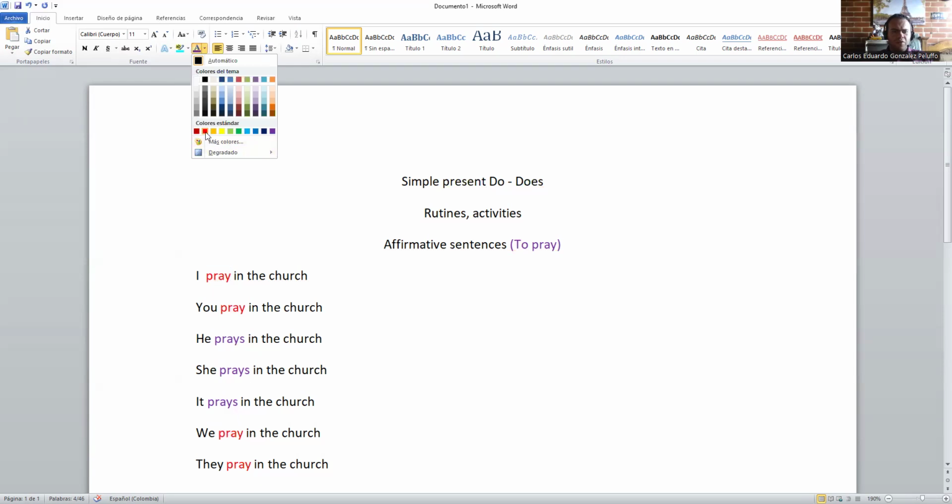I'm going to use another color, in this case red. He prays. Guys, can you observe any differences? Do you have any questions until that moment?